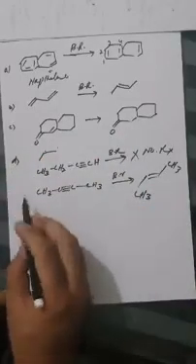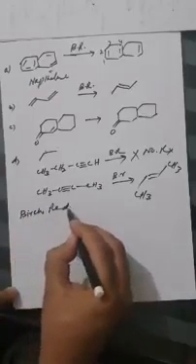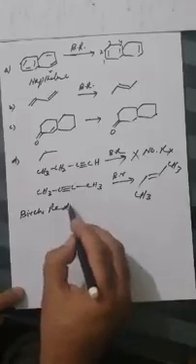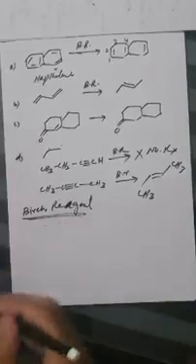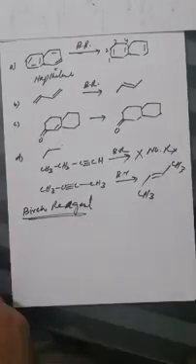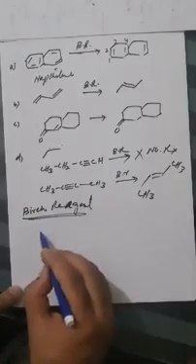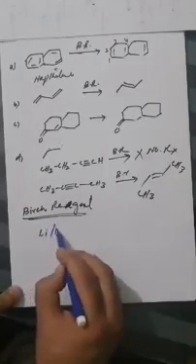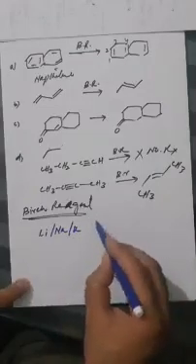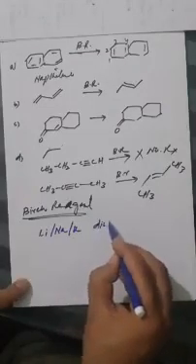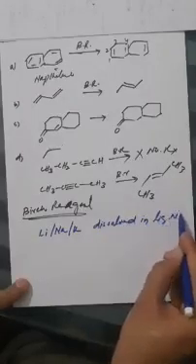Now what is Birch reagent? Birch utilizes alkali metals such as lithium, sodium or potassium dissolved in liquid ammonia.